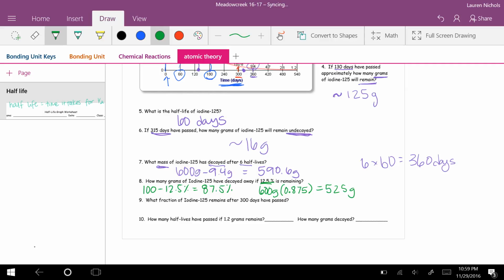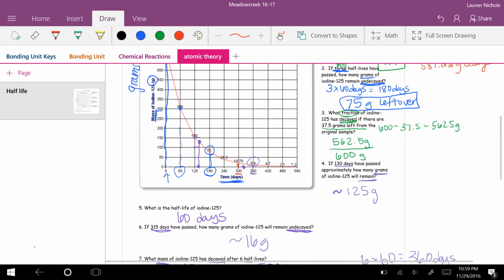If we look at problem number 9, it says what fraction of iodine 125 remains, so we know we do not have to do any sort of subtraction here, after 300 days have passed, and they want our answer to be in a fraction.